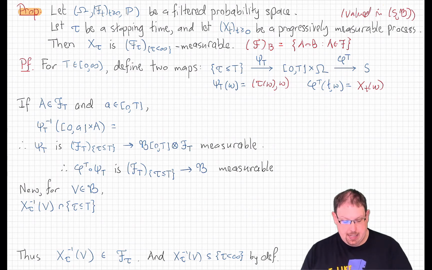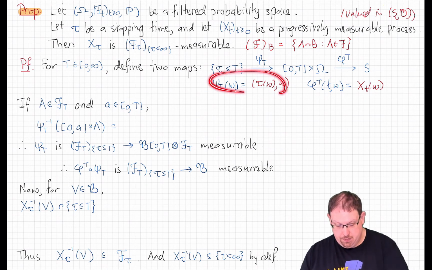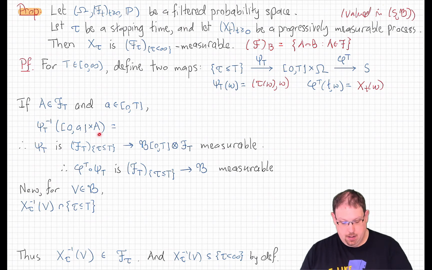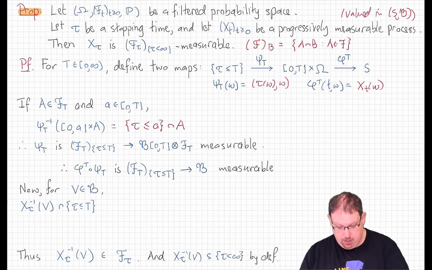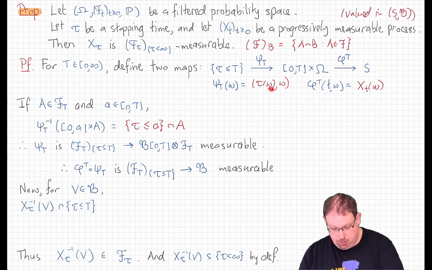Now, if A is any event in the sigma field F at time capital T, and if little a is any time in the interval from 0 up to t, then if I look at the preimage under this function psi_t of the event, the interval from 0 up to a, crossed with the event A in our sigma field at time t, that is just by definition the event that tau is less than or equal to a intersected with A, since we have to have both this in here and this in here.